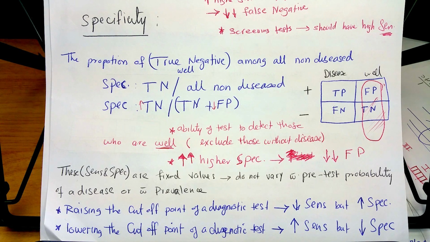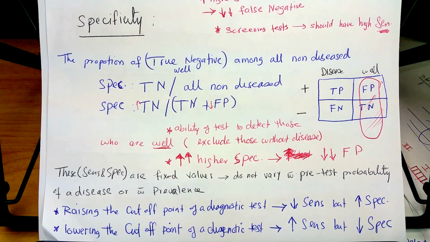So whether there is high prevalence of the disease or there is higher pretest probability, like many risk factors for the disease, it doesn't affect the sensitivity and specificity. These are related to a test. Some tests are highly sensitive and some tests are highly specific. The optimal test will have higher sensitivity and specificity, but we can't always have this optimal test.